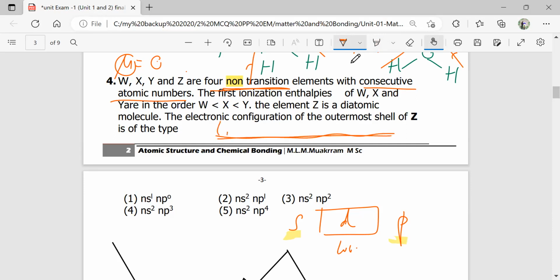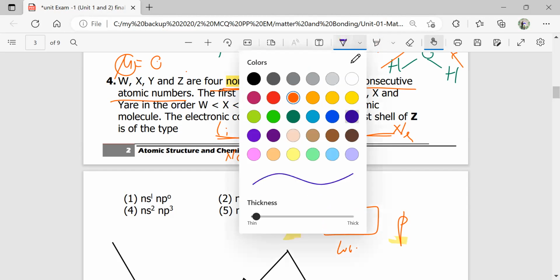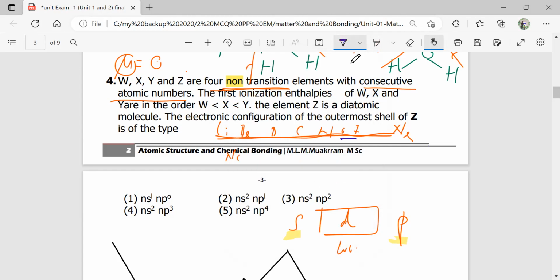Starting from lithium to neon, consecutive means, for example, lithium, beryllium, boron, carbon, nitrogen, oxygen, fluorine, neon and sodium. Starting from fluorine, oxygen, neon and sodium continue, so 2 periods may be included and considered together. We'll see what it is.